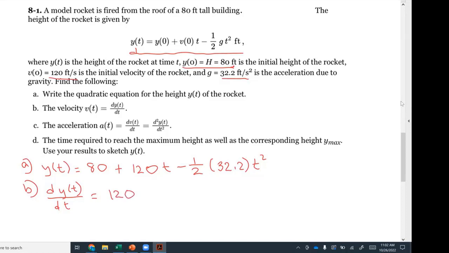The derivative of x is 1, the derivative of t is also 1, minus 1/2 of 32.2 is 16.1. And then we're going to take the derivative of t squared, which is times 2t. So this is going to equal 120 minus 32.2t. And now this is going to be in feet per second.